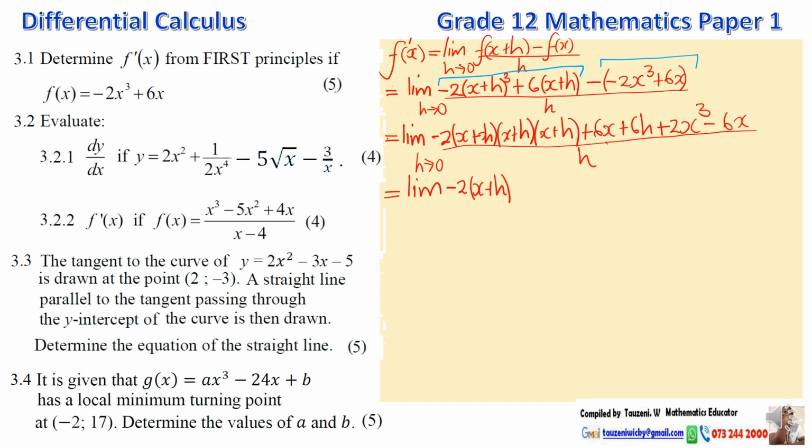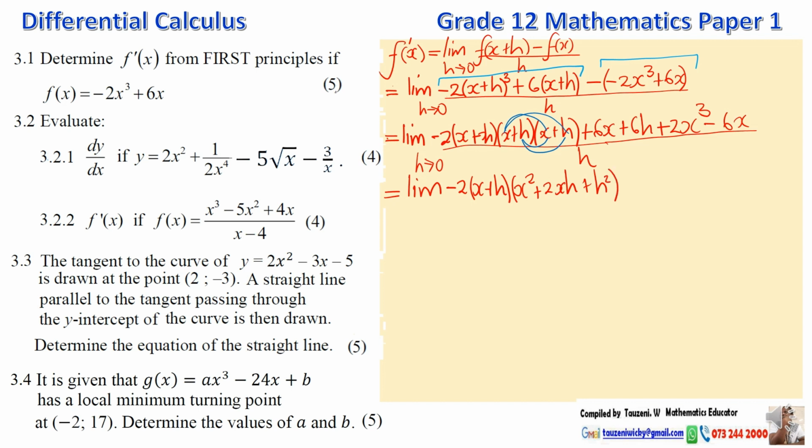If you use the FOIL method here: x times x, x times h, h times x, h times h. Do that multiplication first. This is just a suggestion, it's not a requirement. You can multiply it in your own way, but what's important is that we need to remove these brackets and simplify the expression. So that's going to give me that expression after simplifying them.